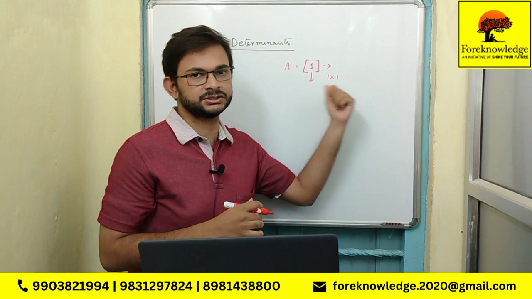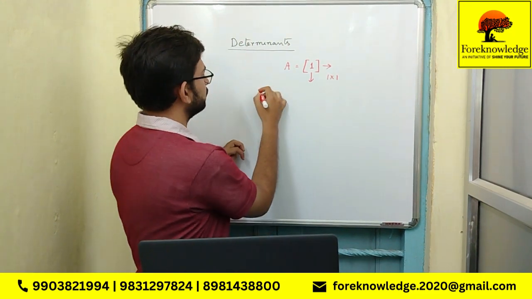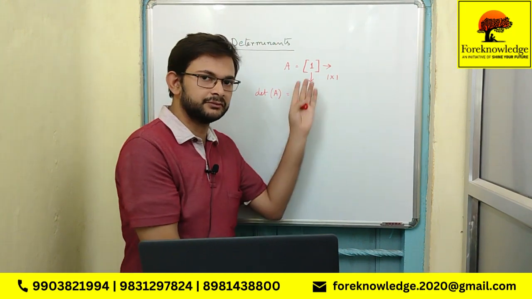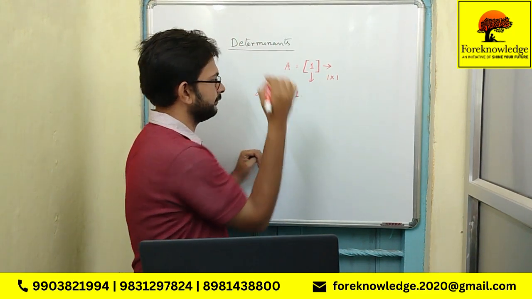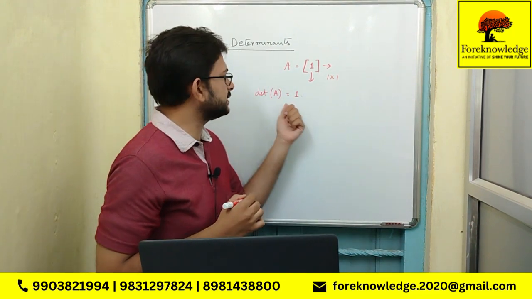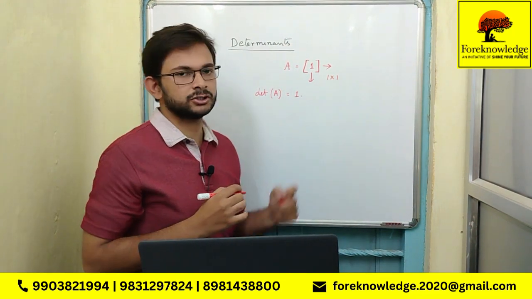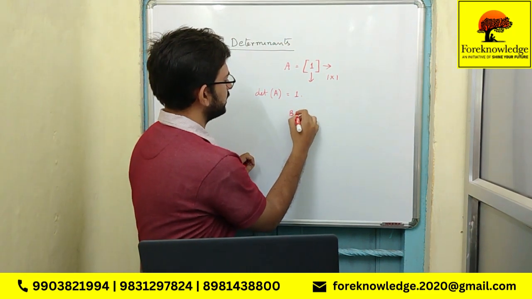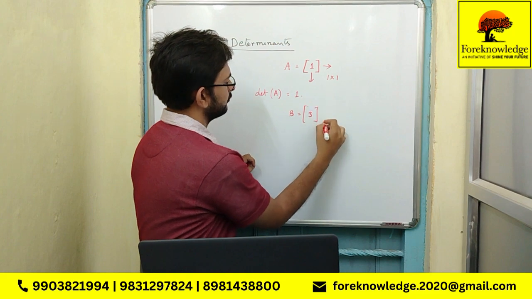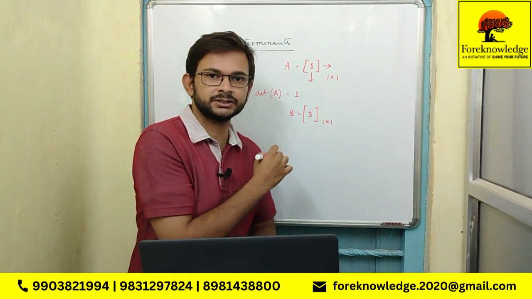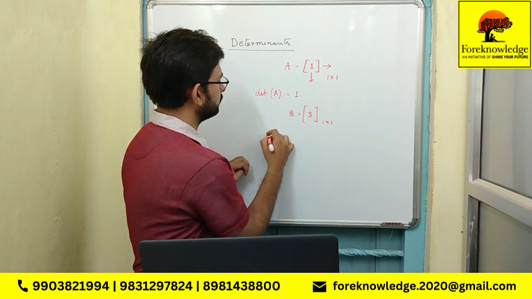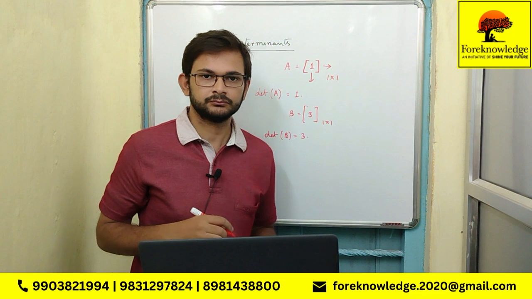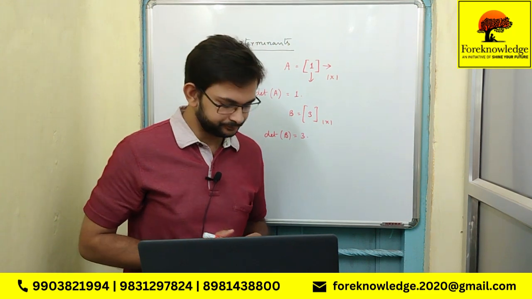So the determinant of A is nothing but the value itself, that is 1. This is the determinant value for a 1 cross 1 square matrix. Now if another matrix is 3, this is also a 1 cross 1 square matrix, so determinant B will be 3. Just like that.